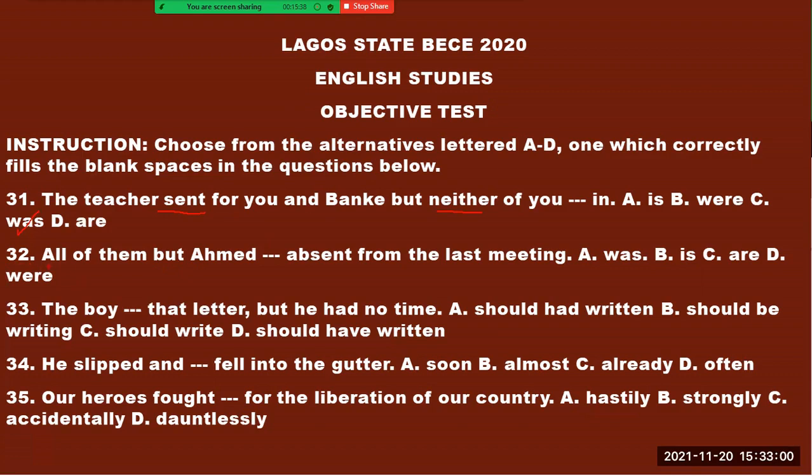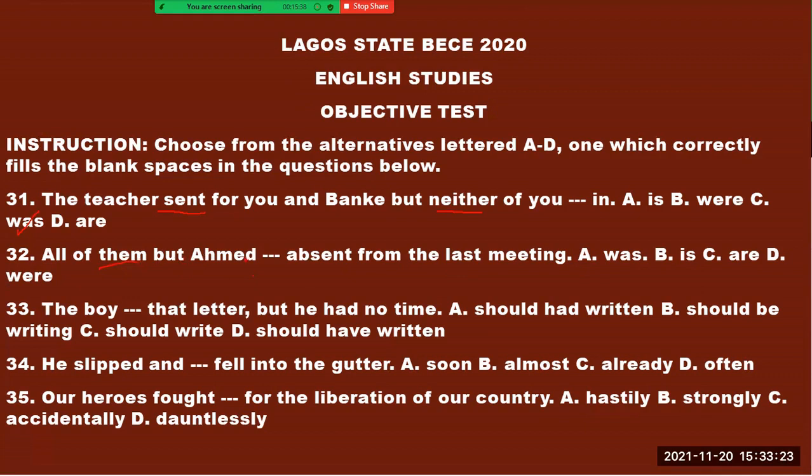Question number 32. All of them but Ahmed dash absent from the last meeting. Now you need to understand the meaning of this. When you have all of, followed by a plural subject, all of them, that is the actual subject here, all of them.